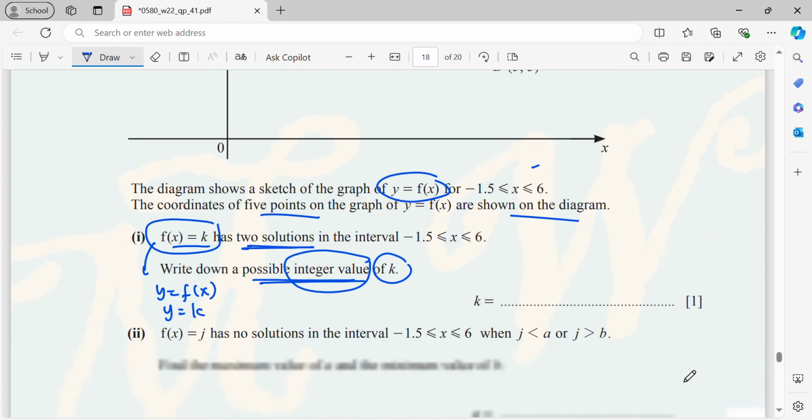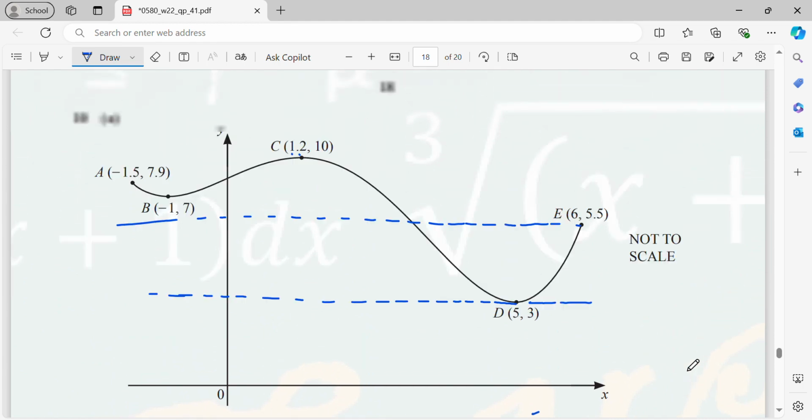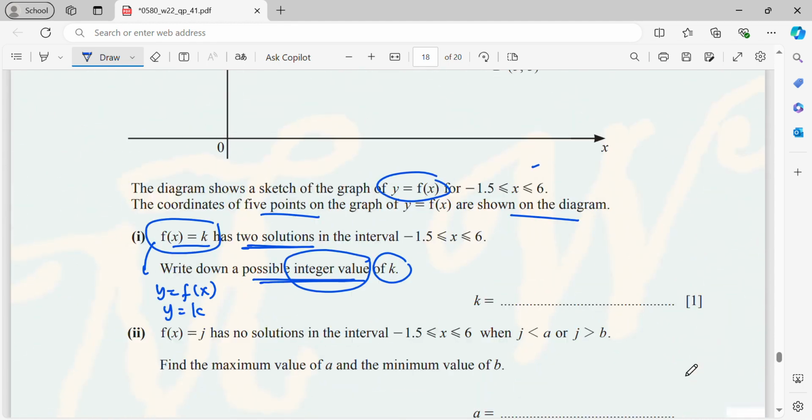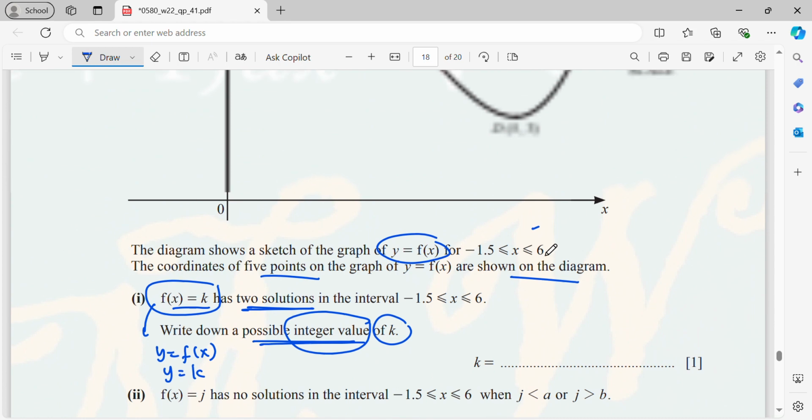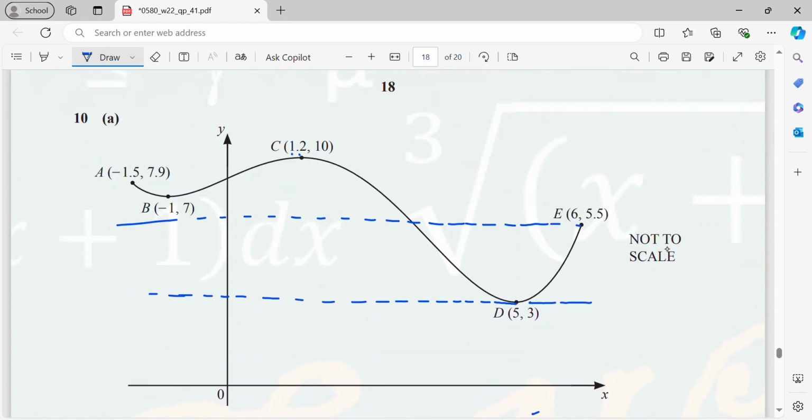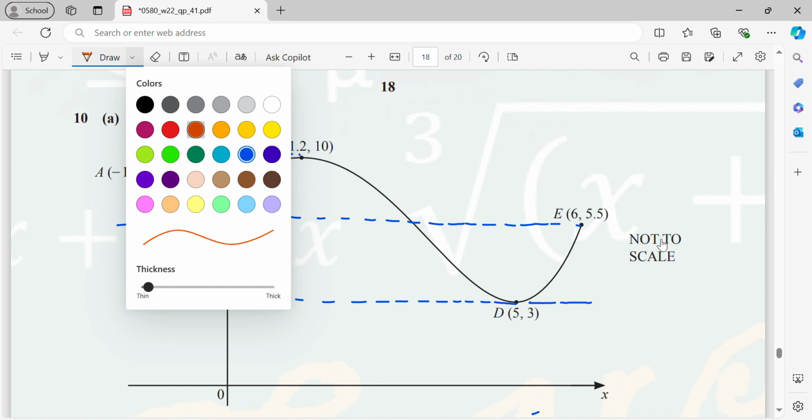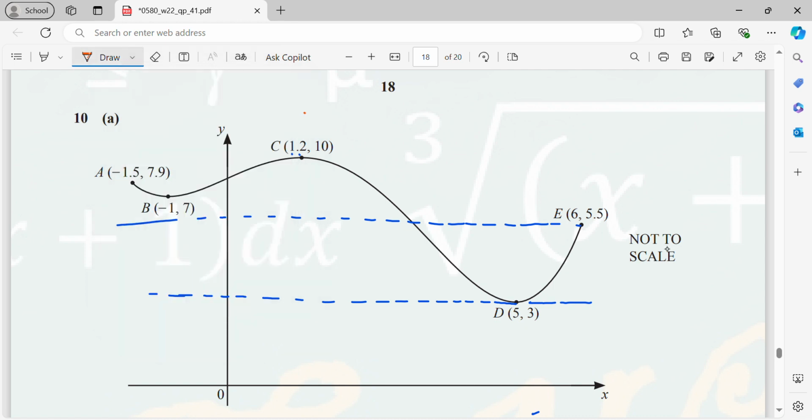Okay, let me check. Minus 1.5 and 6. So basically, as long as your k is in between 10 and 7, because the point B is on 7, or 5.5 and 3, right?